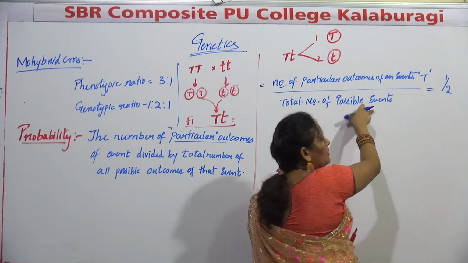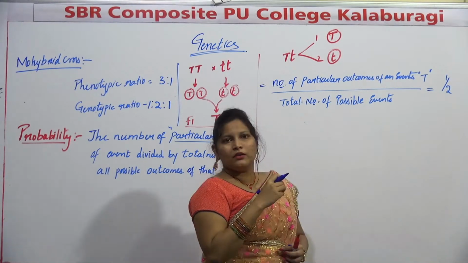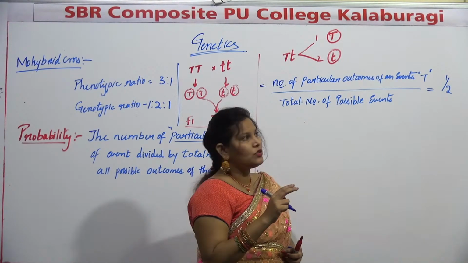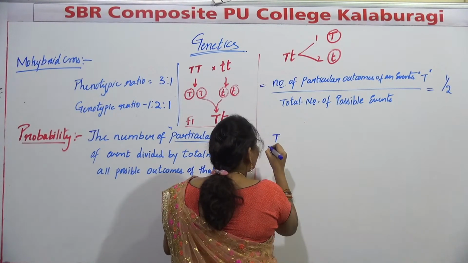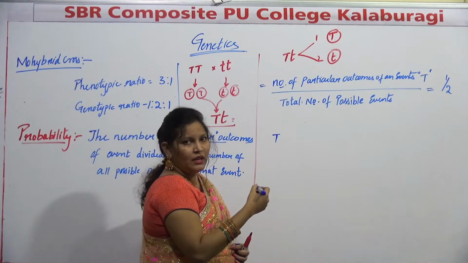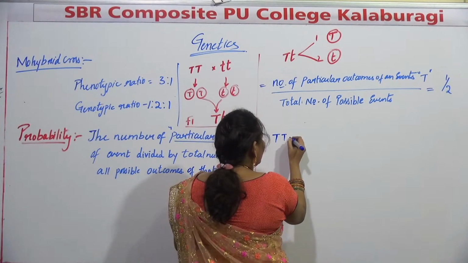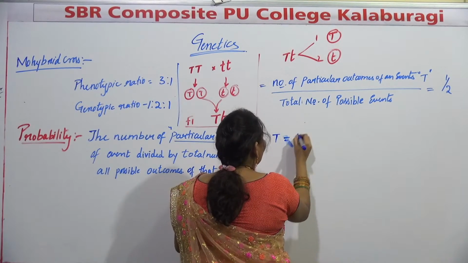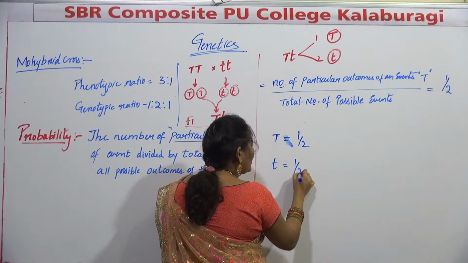That is, total number of possible gametes means 2 gametes are possible. So that is its probability. The probability of capital T in the total number of events is 1 by 2. Small t also is 1 by 2.